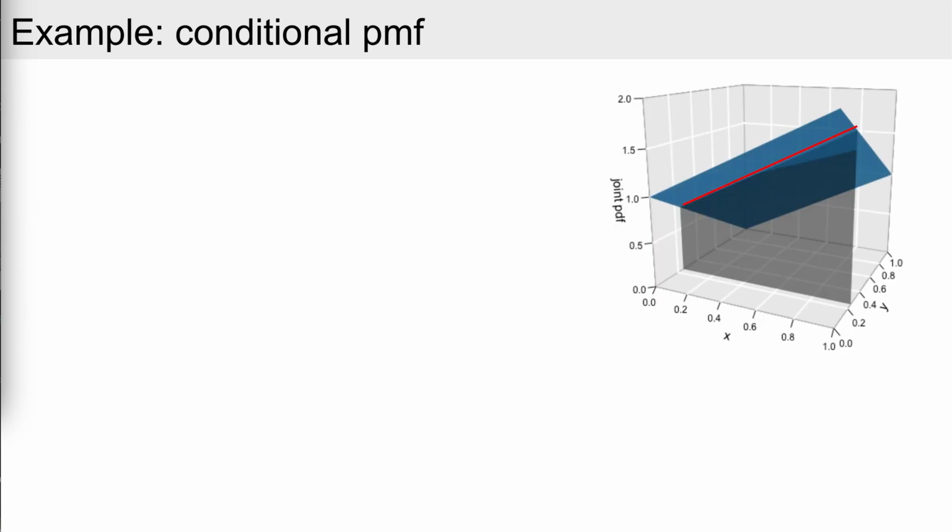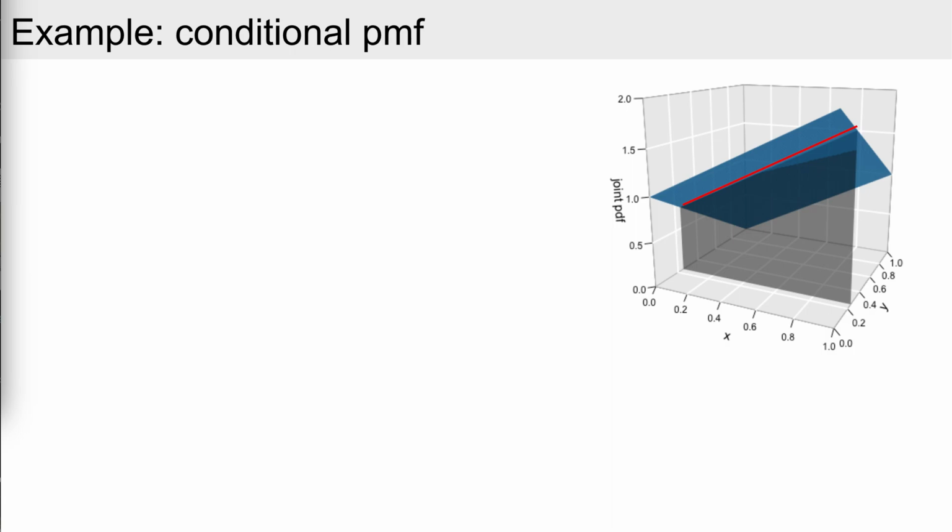Let's think about why this conditional PDF makes sense. First, when we are given the information that y equals 0.25, we then essentially slice the joint PDF at its intersection with y equals 0.25. That is, we're essentially restricting our sample space to correspond to values where y equals 0.25.